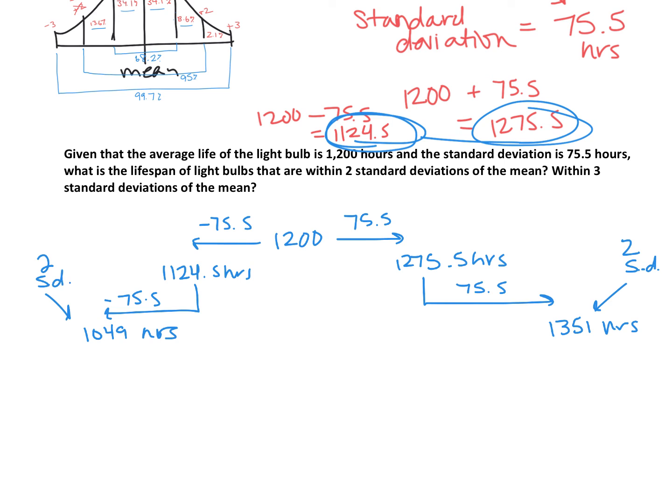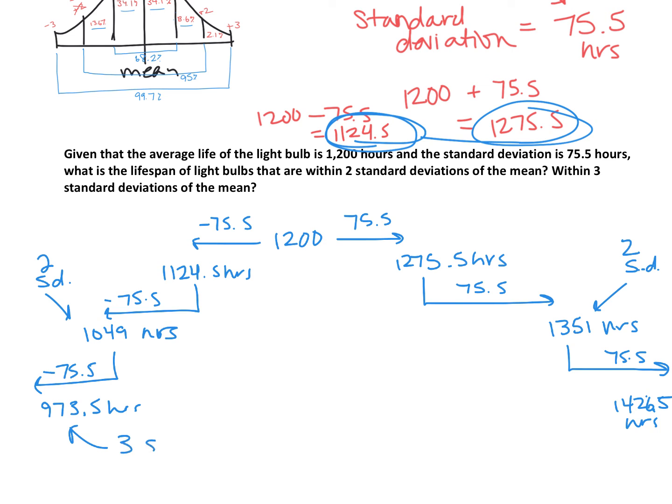So how do you think we'd figure out 3 standard deviations away from the mean? Same idea, just wherever you left off, go ahead and go to the right another 75.5 hours, or go to the left, subtract another 75.5 hours. That's going to get you on the higher end 1,426.5 hours, and on the lower end 973.5 hours.